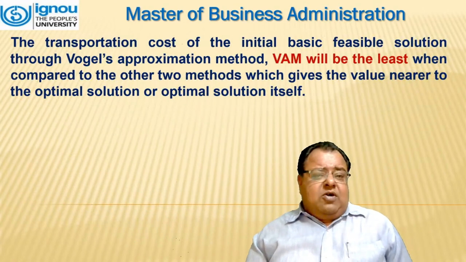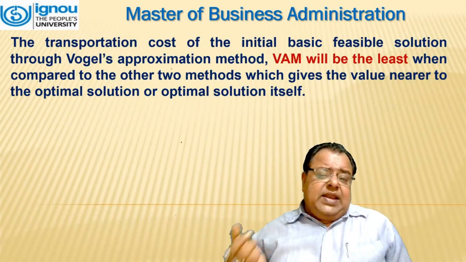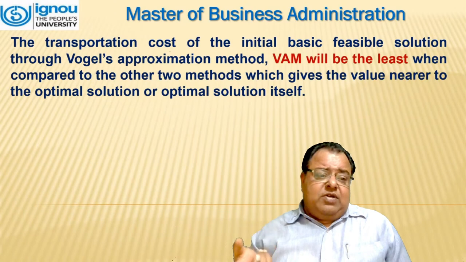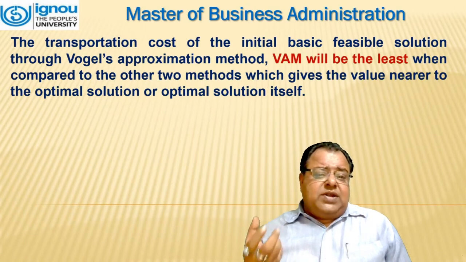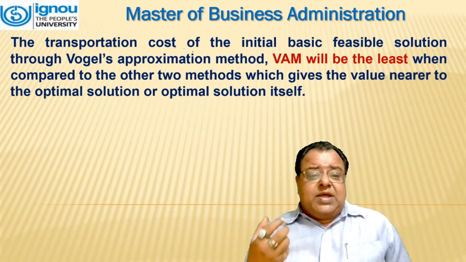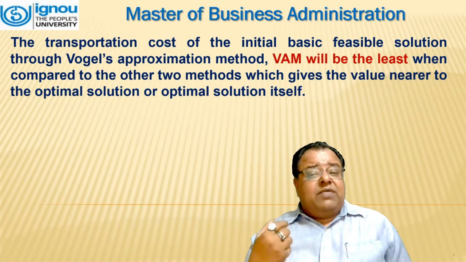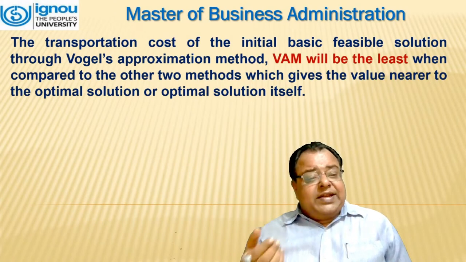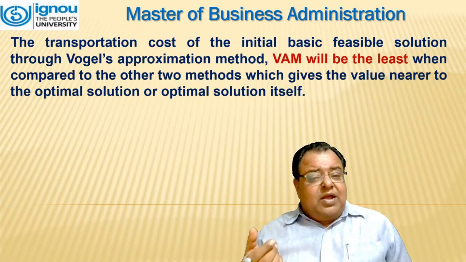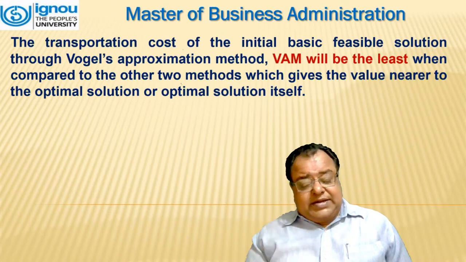The transportation cost of the initial basic feasible solution through Vogel's approximation method will be the least when compared to the other two methods, which gives a value nearer to the optimum solution or the optimum solution itself.